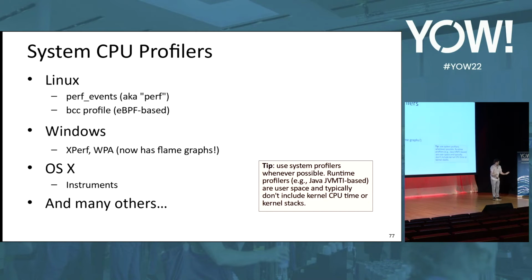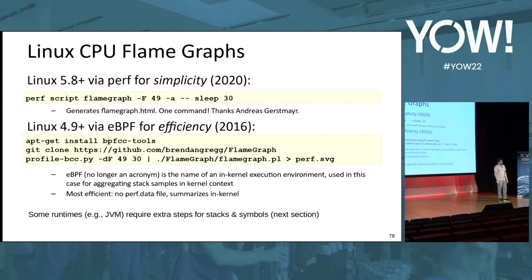Use system profilers wherever possible, not the runtime profilers. In the world of Java, there's a lot of profilers based on JVM-TI, and that only shows you your Java frames, so you don't see the rest of the system, the kernel and the amount of CPU time in garbage collection and other bits and pieces.